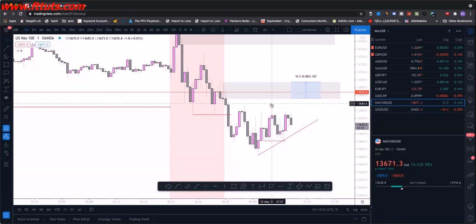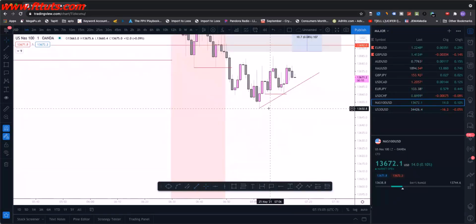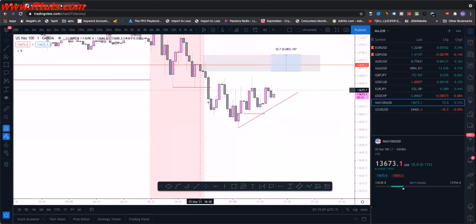What I'm hoping for is we wick into this area, we don't close above these highs here, and then we drop. Now, hopefully we can get some more compression up into this and then sell, targeting this low here. It would make sense to target that low because this looks like a corrective move, right? We have an impulsive leg down, corrective move up, and then drop. So something like that.